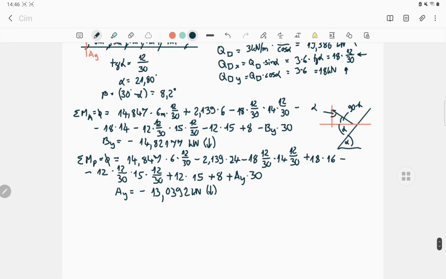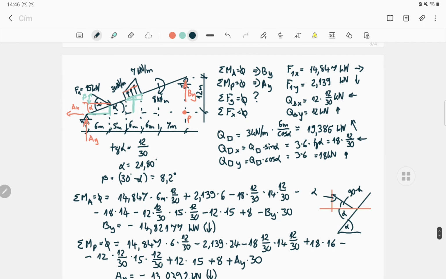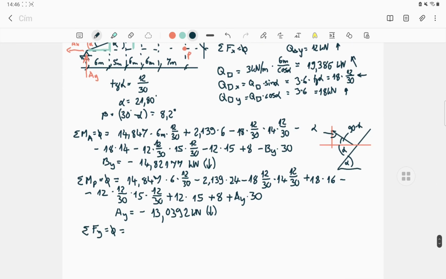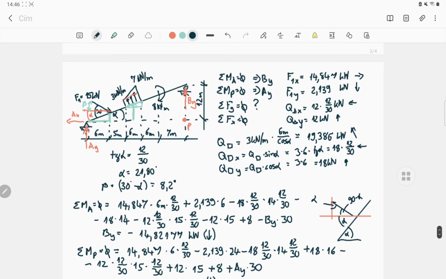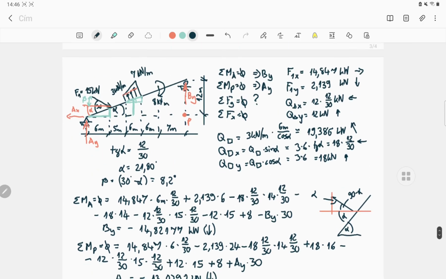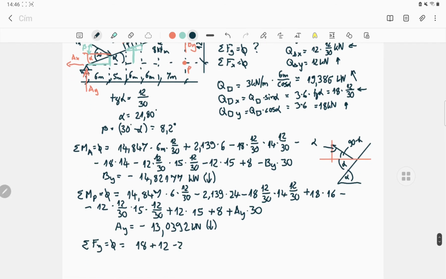And now we will check. Maybe good, maybe not. Now we will see. Summation of Fy. Okay. Let's see first the positive forces. So the rectangular y 18, the triangle y 12. Okay, we have a negative F1y, so minus 2.139. We have negative 14.82177, the BY, and negative 13.0392.